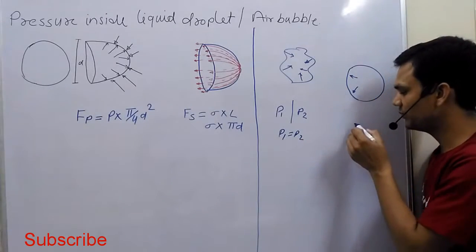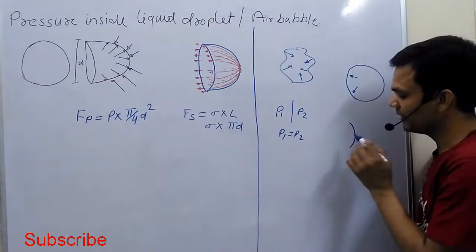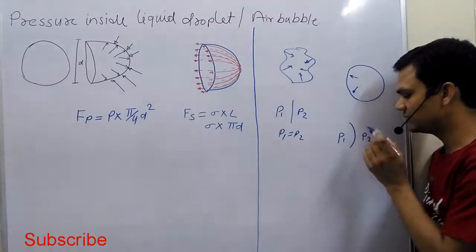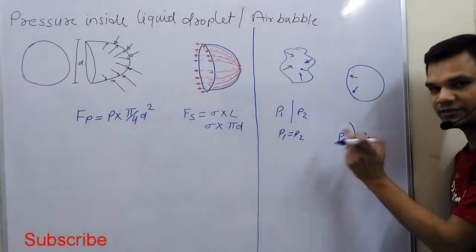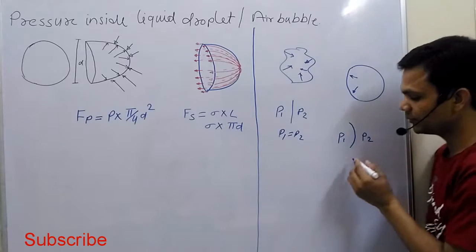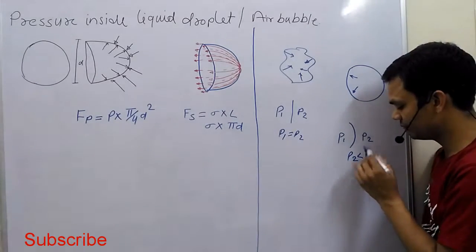Now if we make a convex shape, then pressure P1 is more, so it tries to push on the P2 side, so pressure P2 is less than P1.